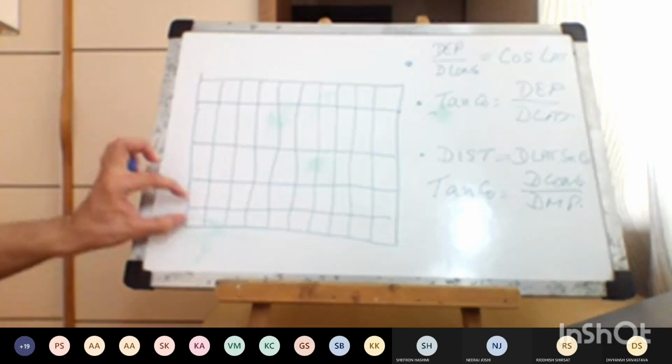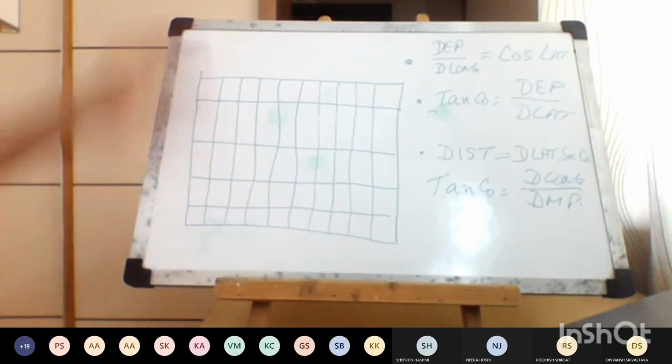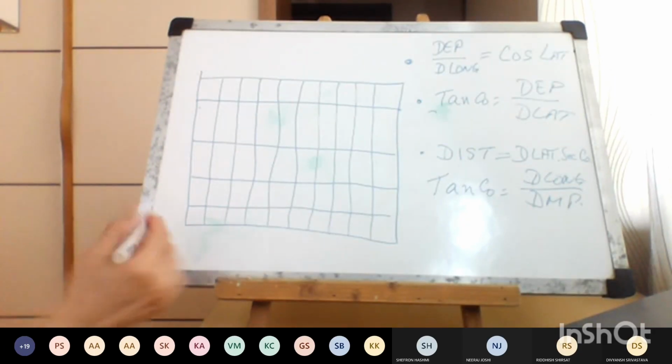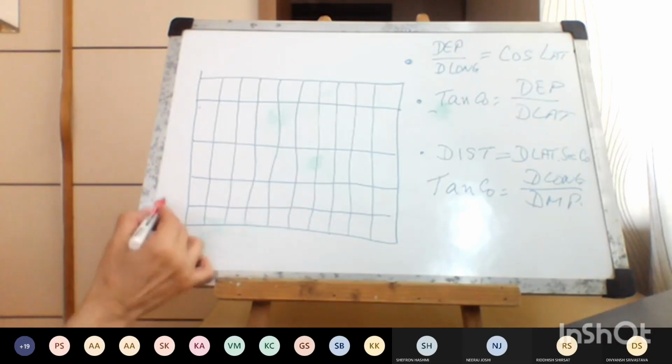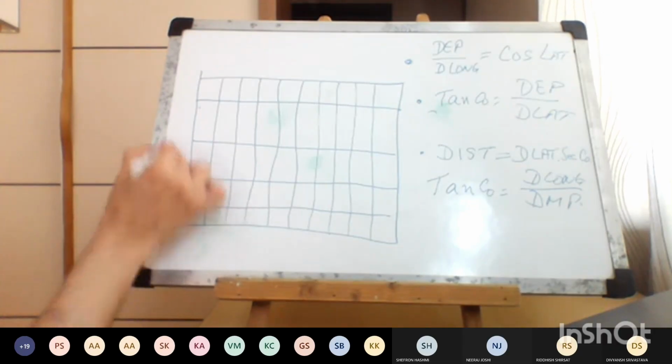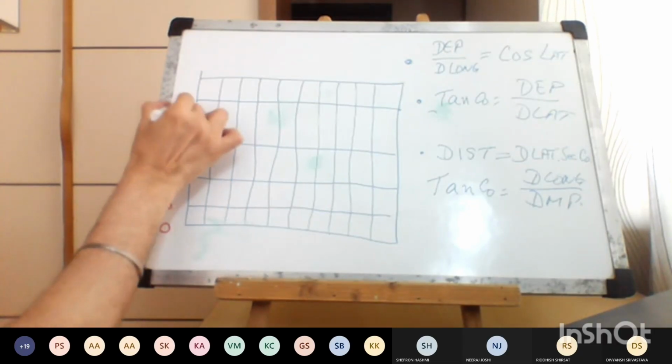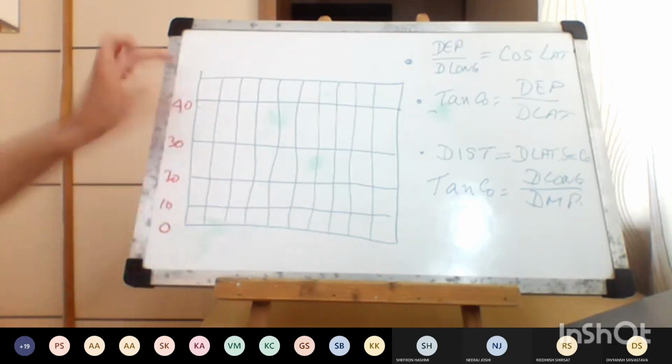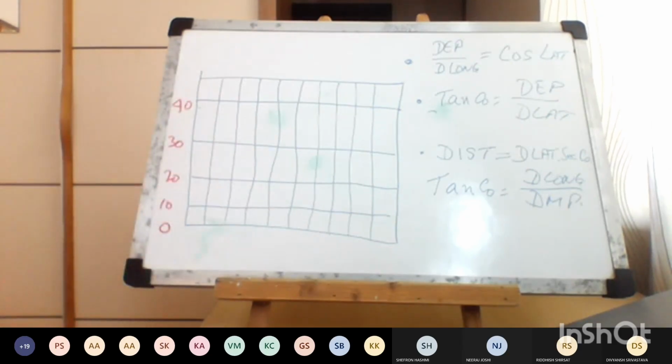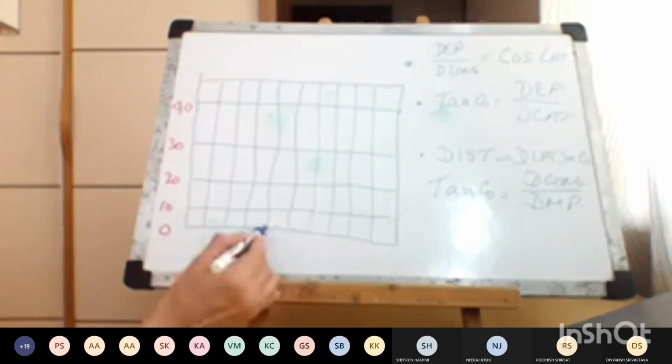So this I have intentionally magnified too much so that you can make out. If this is 0, this is 10, this is 20, this is 30, this is 40, you can see the gap goes on increasing because of distortion, and you must have learned all that in your Mercator projection. I will not go too deep into that one. But this distance remains the same.